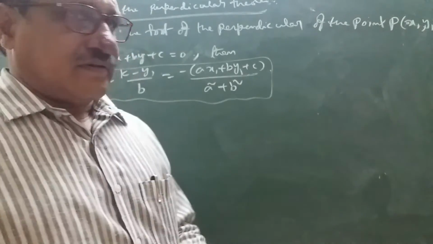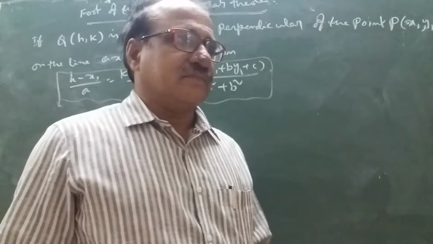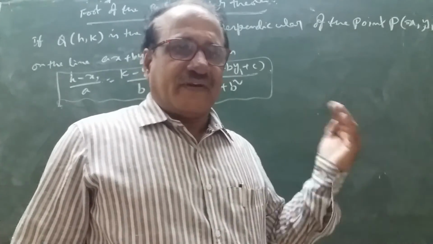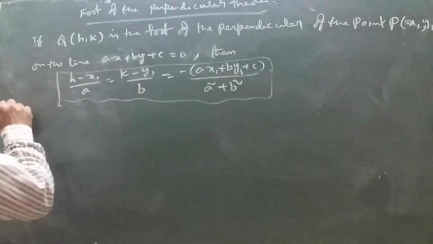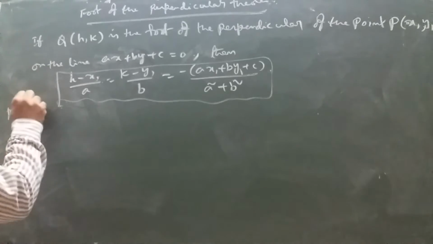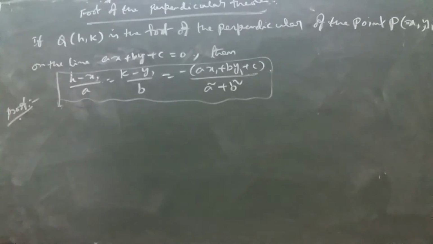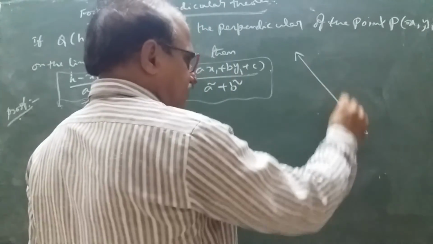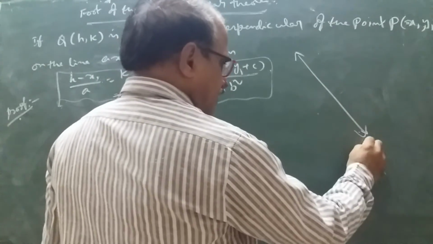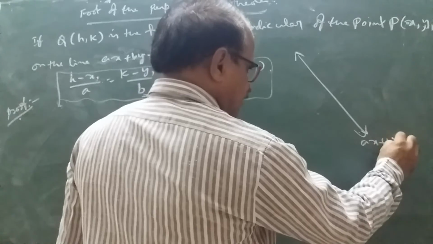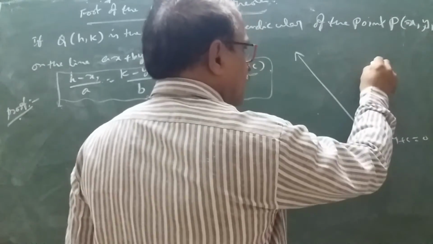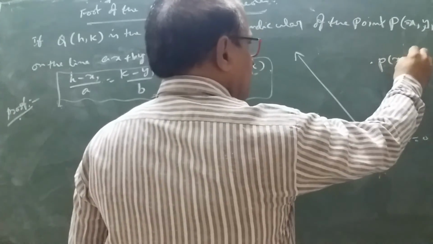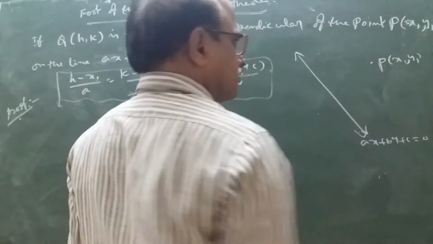I will draw a diagram with the given data. Proof, a very simple proof. This is the given straight line ax + by + c = 0, and there is a point P(x1, y1) on the plane.